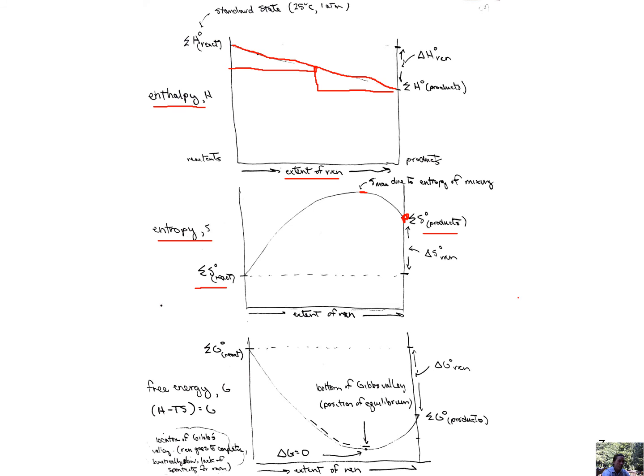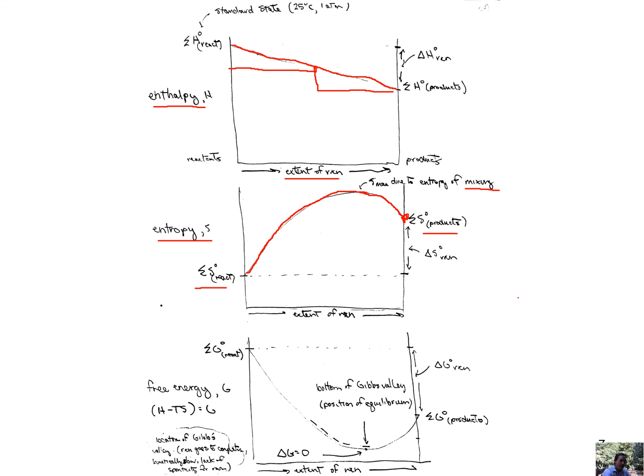Here you have pure reactant, here you have pure products, but actually you get the maximum entropy when there is a mixture, and that mixture in our scenario would have the highest entropy closest to the products, but still a mixture. So because of that, we get a curvature in the change in entropy as we progress through the reaction.